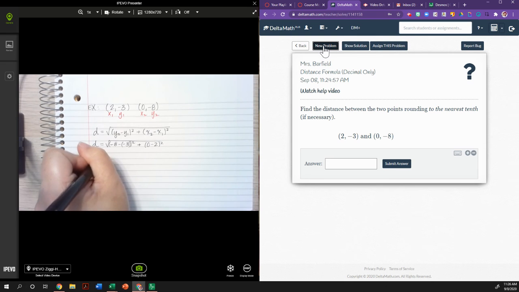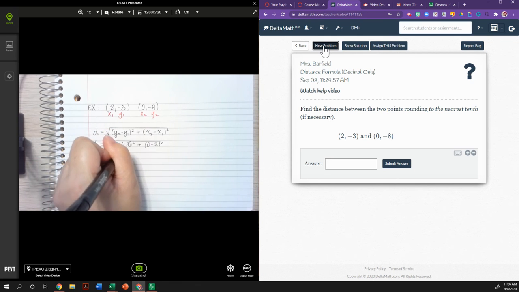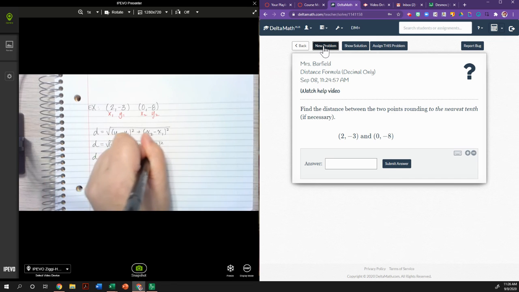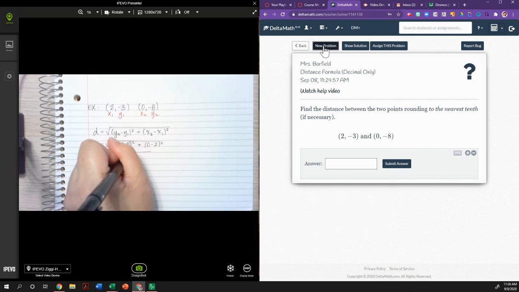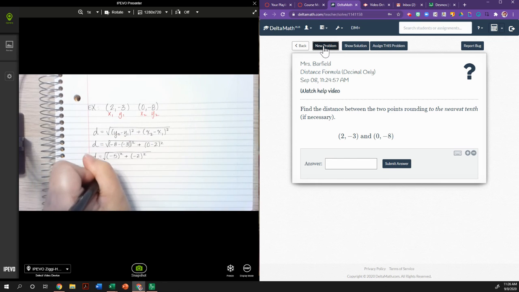You can type the whole thing into Desmos, but -8 plus 3 is -5 squared, and 0 minus 2 is -2 squared. So d equals the square root of 25 plus 4, so d equals the square root of 29.